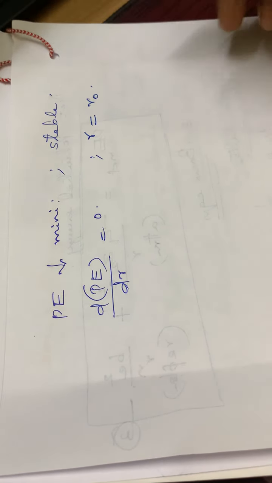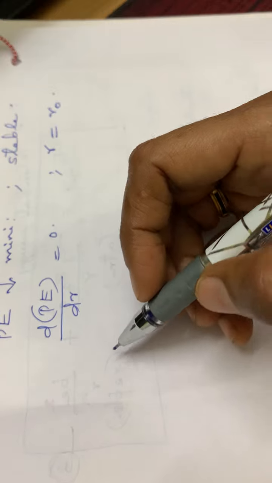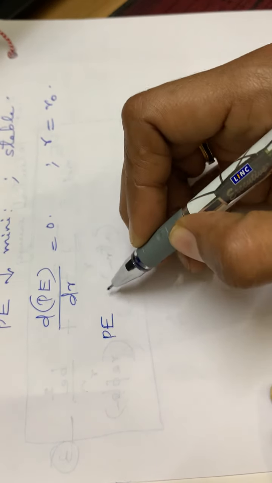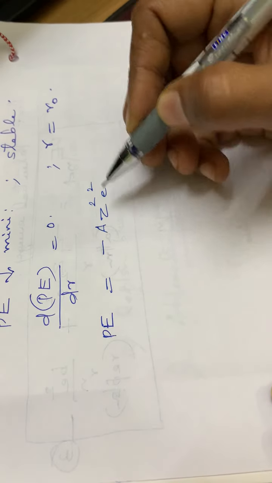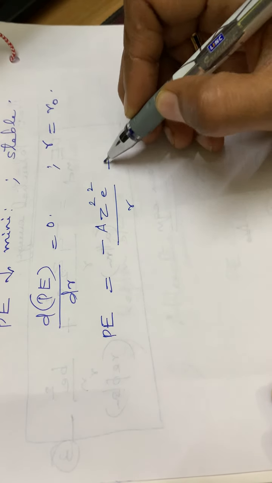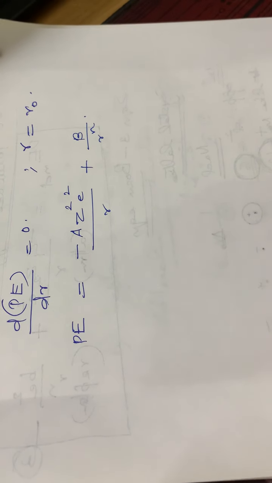So first of all, we have to differentiate the above equation, that is the net potential energy. See, I am writing the equation once more. The net potential energy is equal to minus A into Z square into E square divided by R plus B divided by R raised to N. That is the net potential energy.